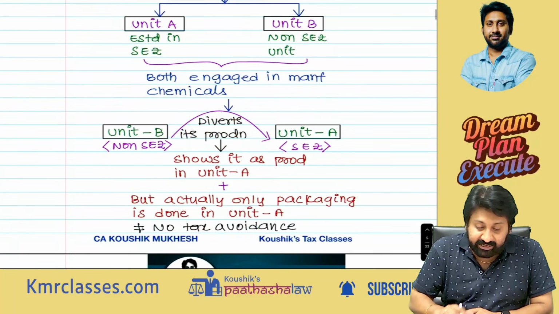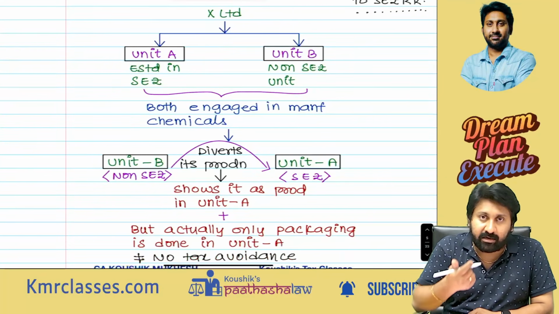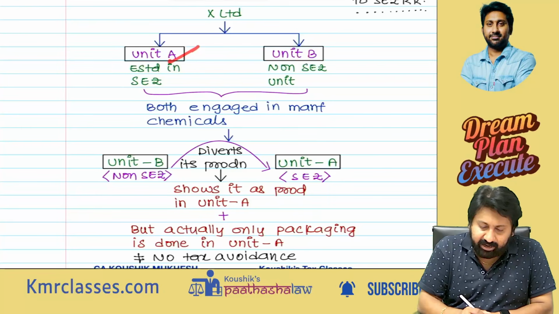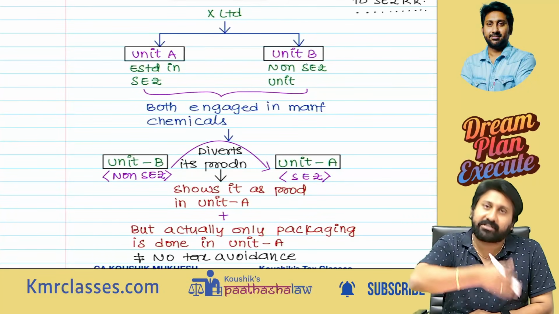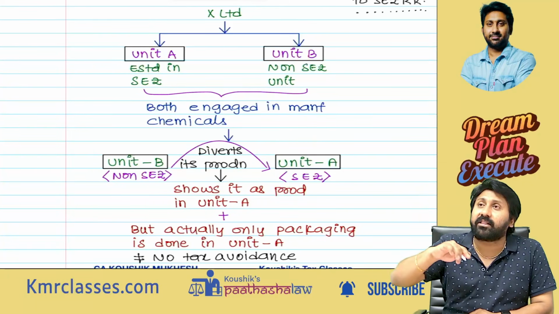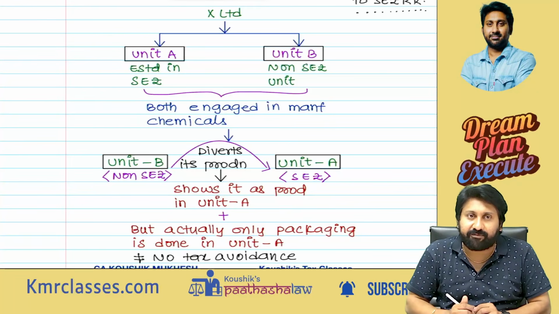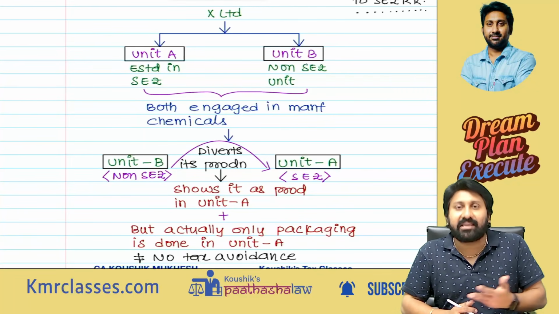In the previous case, everything was done in Unit A: the manufacturing, the production, the processing. It just diverted its production to Unit B, which was transferred to Unit A. From there they will export and tell that there is no income because 100% deduction is available for the first 5 years. They are taking bad advantage of the provisions of 10AA.